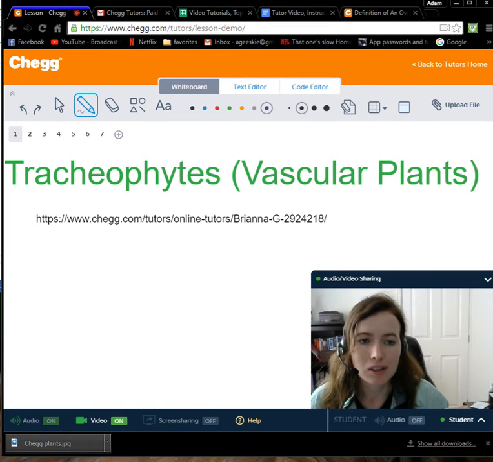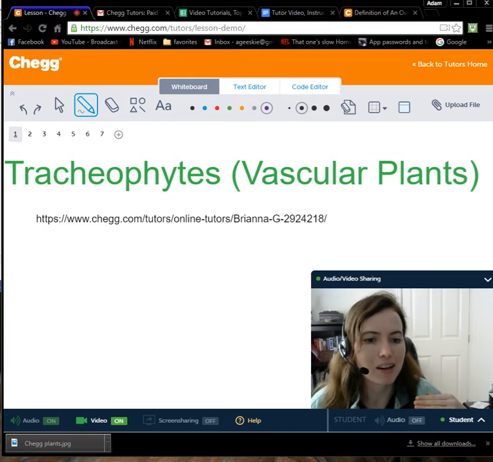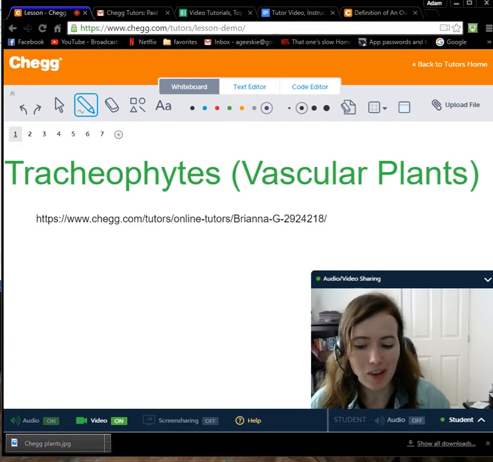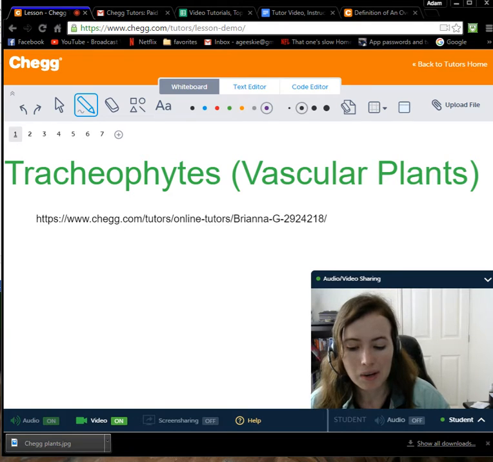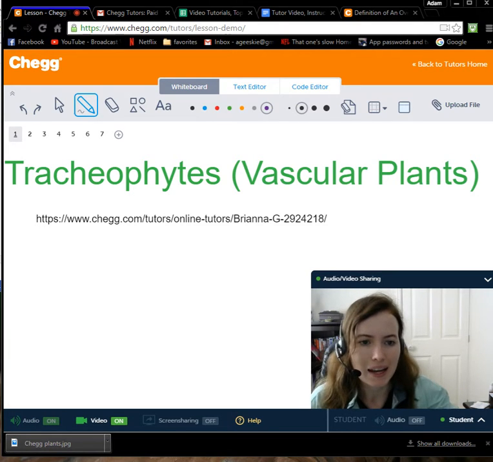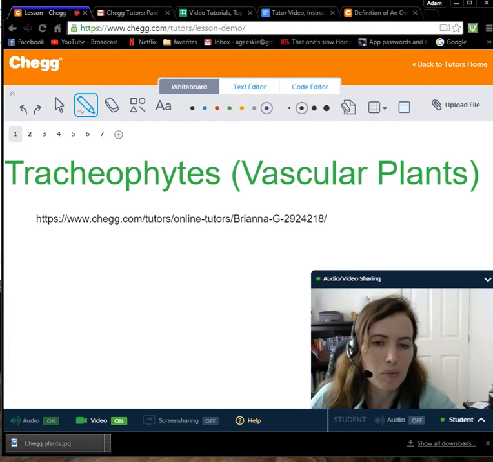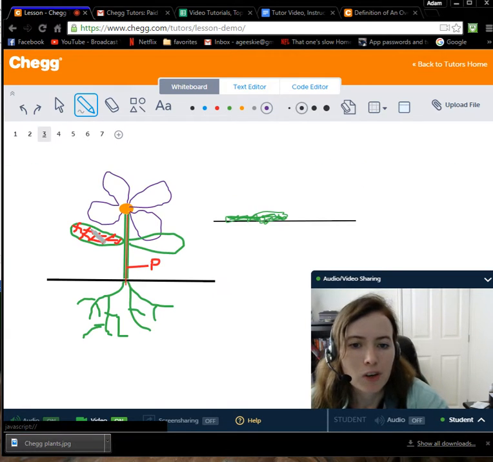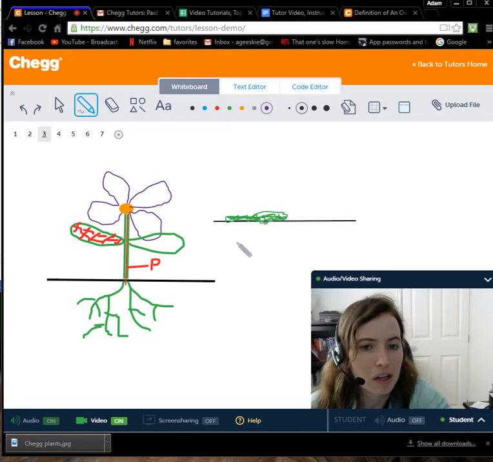All of those are vascular plants, and so are pine trees and all of your trees, honestly. It's just a wide variety, and we'll talk a little bit about what makes the structures unique. But first, let's look at the difference between non-vascular and vascular plants.